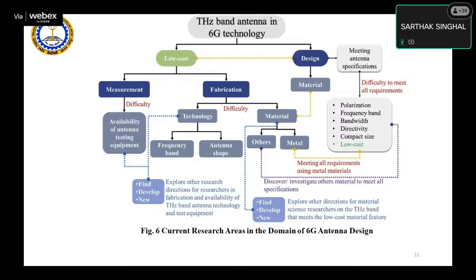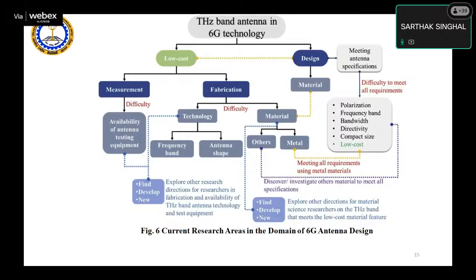Now in case of low cost, the cost depends on the fabrication and measurement methodologies. The measurement is quite difficult because the sources are not available and detectors are not available. So getting the measurement is quite difficult, and right now we can say it is nearly impossible.